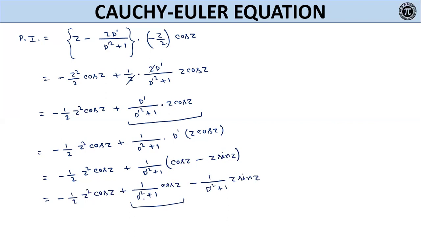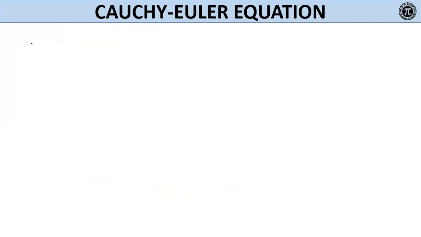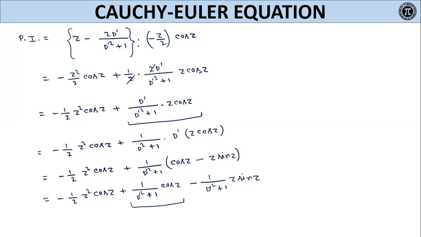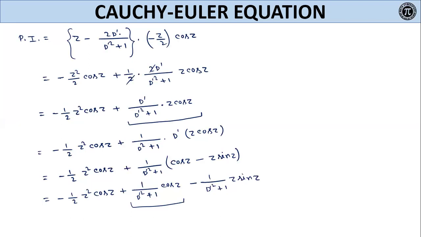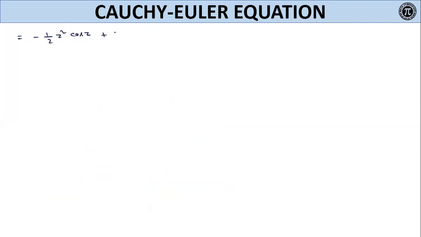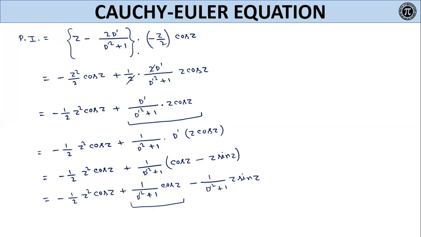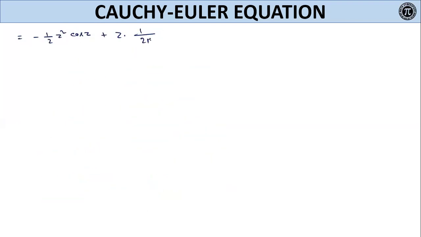Here a equals to 1, so in place of D'^2 if you write minus 1, so again you are getting denominator 0. Okay, that means this is equals to minus half z square cos of z plus, you have to multiply z into derivative of the denominator, that means 2D', z into 2D' into cos of z.